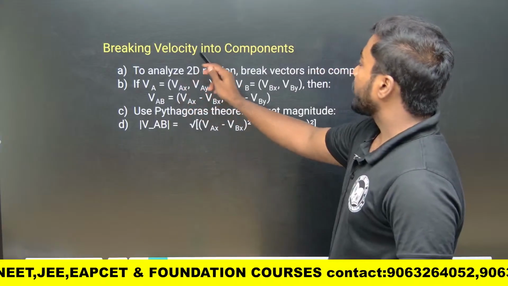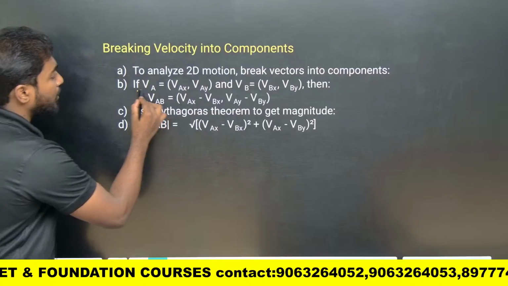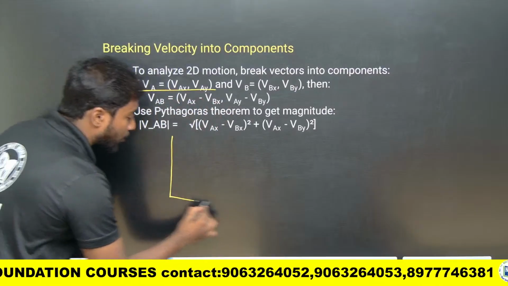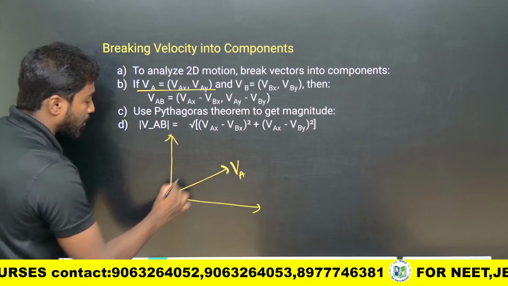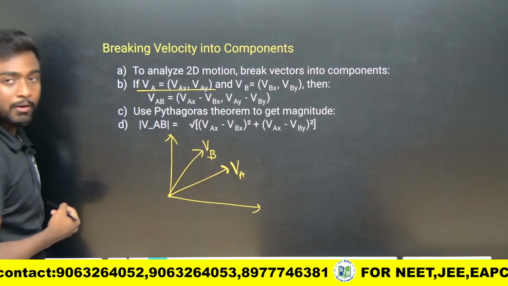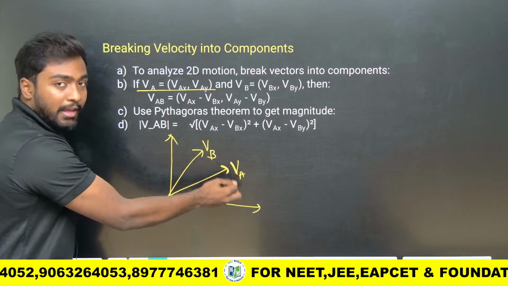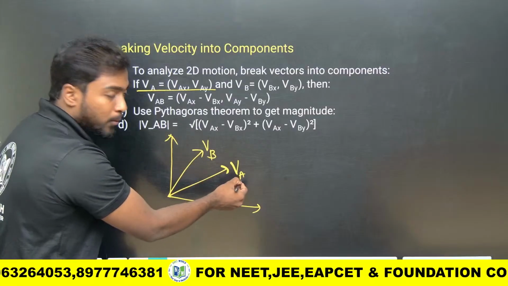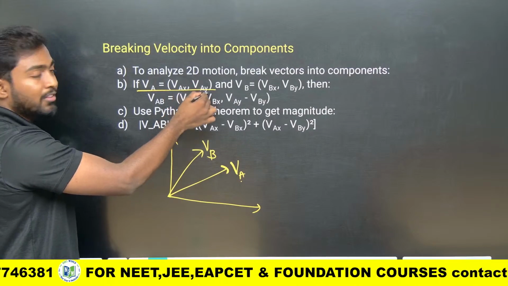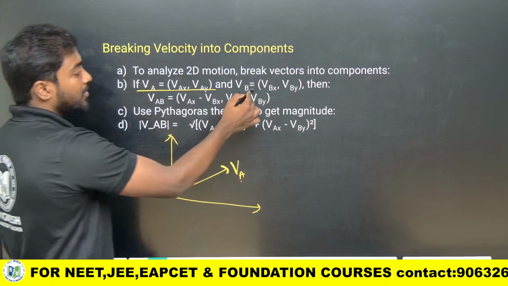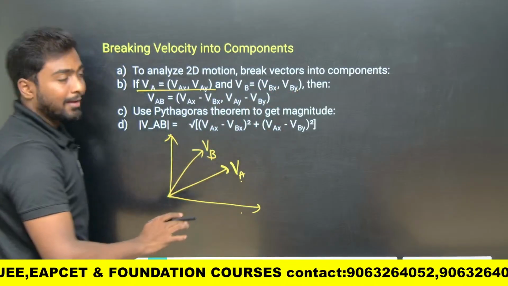So, breaking velocities into components. First, the velocity of A. Now we are considering two objects. One object is thrown like this, velocity of A; another object we have thrown like this, velocity of B. Now I need to take the components of both, A as well as B. For A, VA with respect to x axis, VA with respect to y axis; next, VB with respect to x axis, VB with respect to y axis.